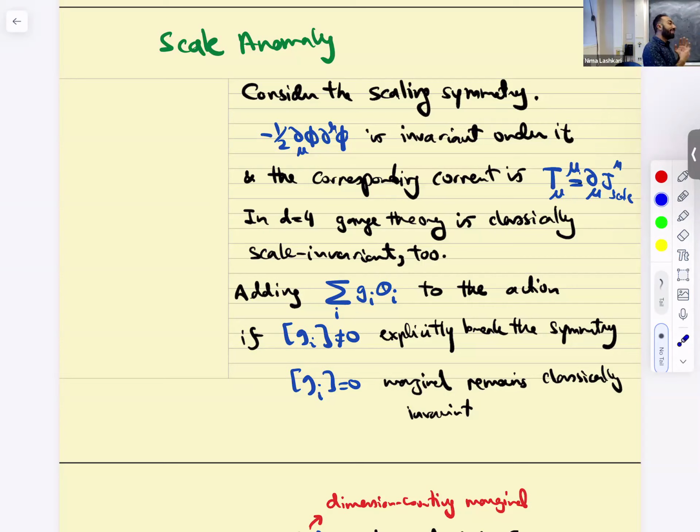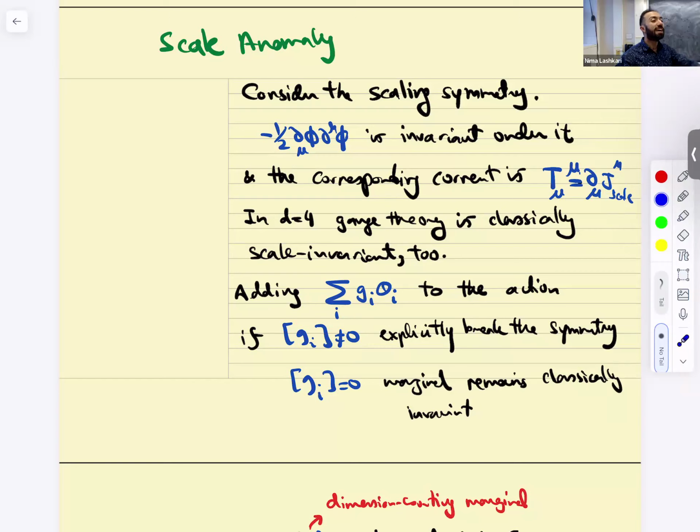Now, you have a scale invariance classically for this Gaussian fixed point, the massless scalar field. You could explicitly break this symmetry by adding terms to the Lagrangian, g_i O_i for some operator O_i. It will explicitly break scaling symmetry if g_i has a dimension that's not 0. But what if g_i has dimension 0?